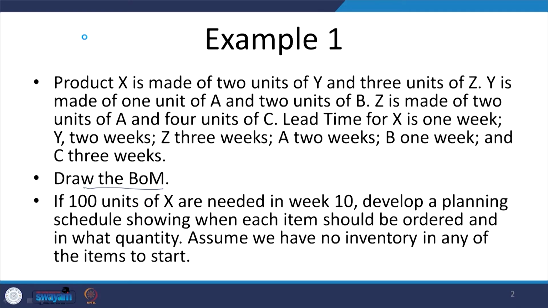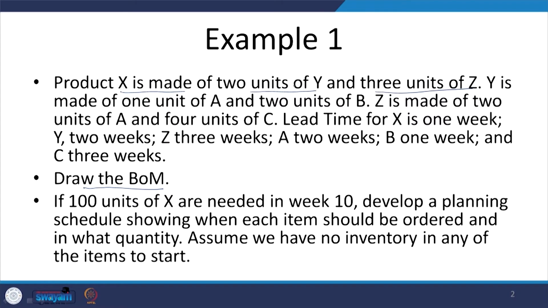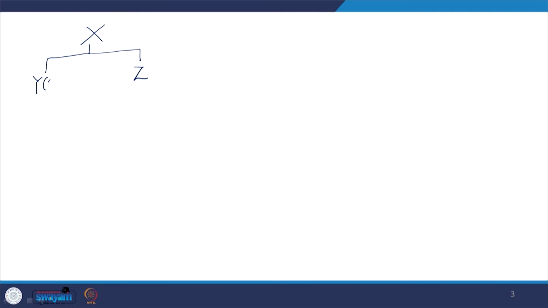To make this, first let us make the product structure. This is product X. Now, this product X is made up of 2 units of Y and 3 units of Z. So, it requires 2 subcomponents Y and Z, and 2 units of Y and 3 units of Z are required for making 1 unit of X. So, you can write in brackets 2 and 3.